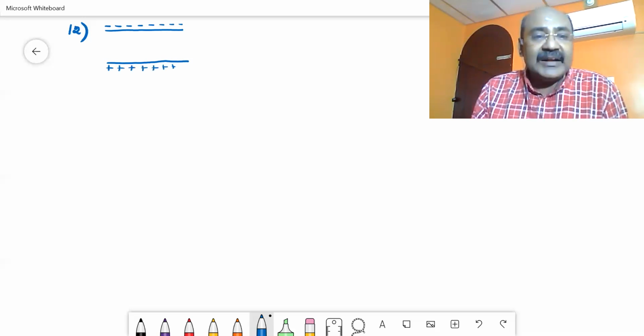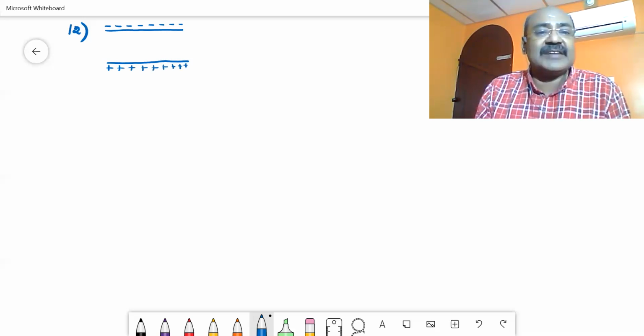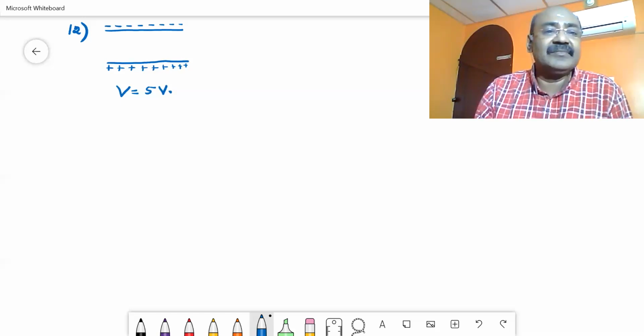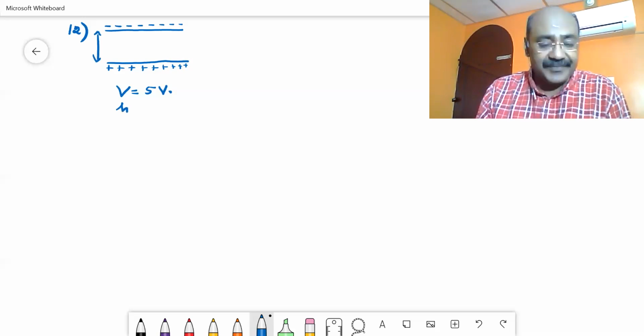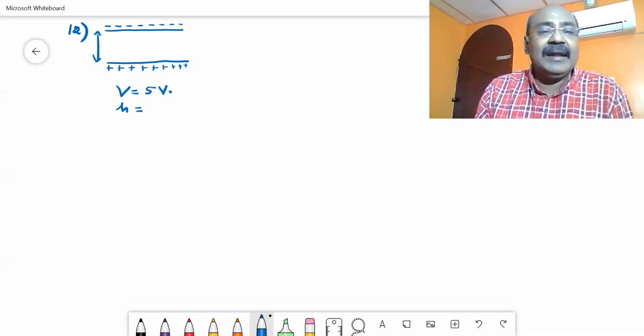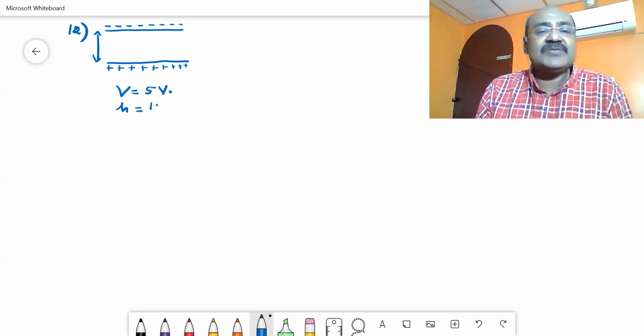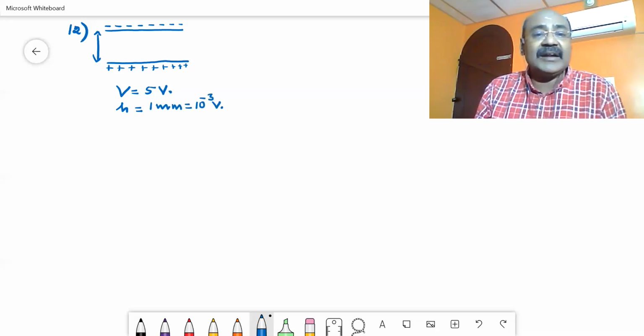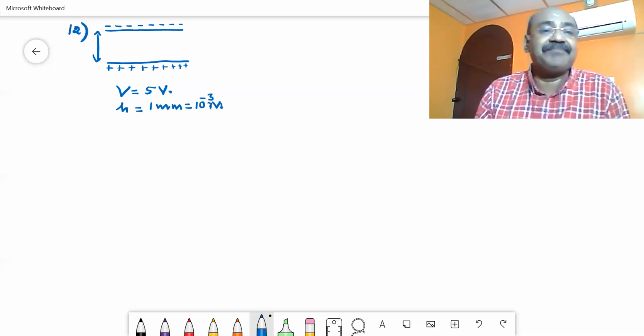In between the two plates, the potential difference V is equal to 5 volt. The distance of separation is h, equal to 1 millimeter. If it is 1 millimeter, then I can write it as 10 to the power of minus 3 meters.